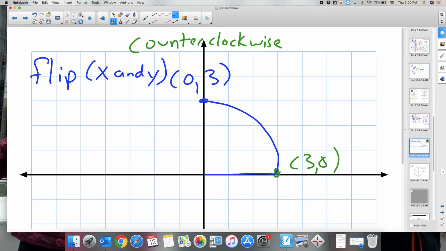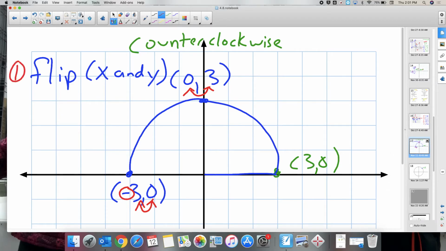Now there is a second thing that happens, but you can't see it on just this one. So I'm going to go another 90 degrees. And now we end up at -3, 0. Notice how they flipped again. I had 0 and 3. Now I have the 3 and the 0. However, they threw this negative sign there because that's the second thing that changes.